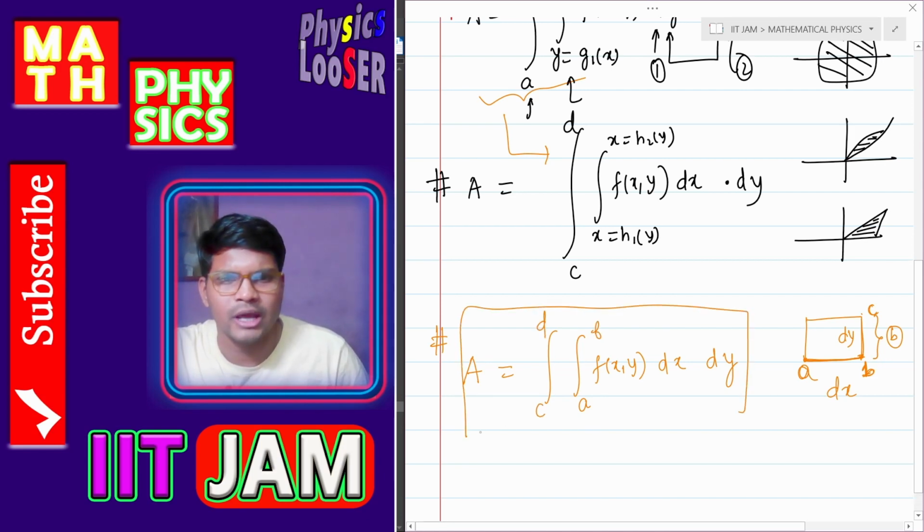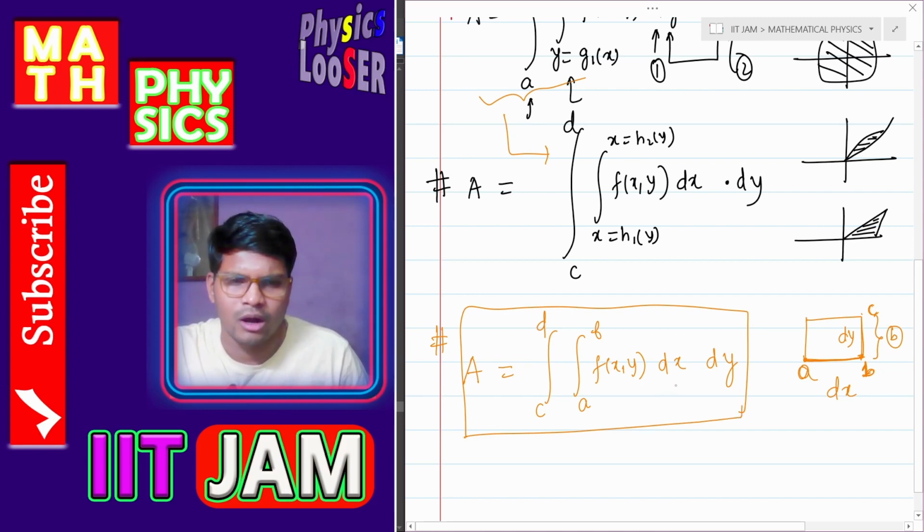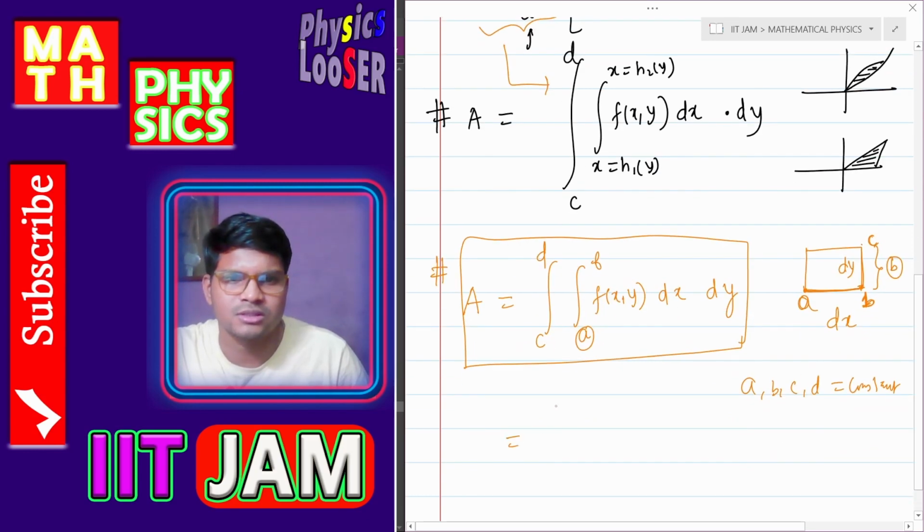Okay, now you don't have to worry about which one I took care of first, because these limits are constant, where a, b, c comma d are constant. So now if you change the positions of this integral, let us say c comma d or a comma b, it won't affect anything.